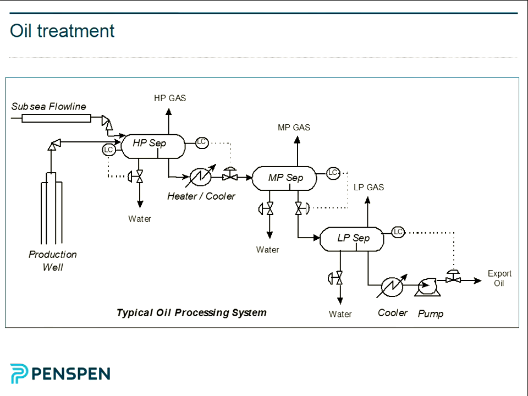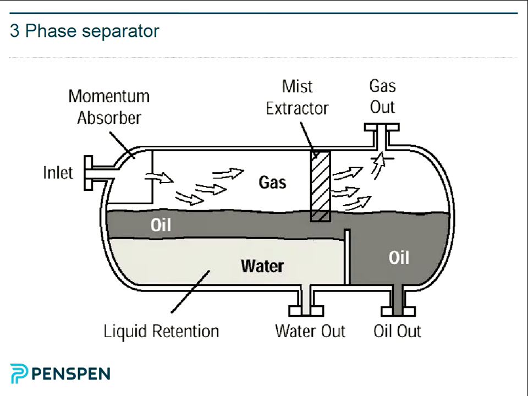It's quite a high velocity, and as it spins round, the more dense ones are flung to the outside. So the water is flung to the outside of that vortex, and the oil ends up in the middle. So the oil goes out the middle, and the water goes out the bottom, basically.